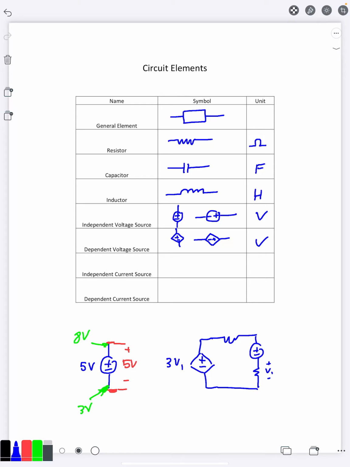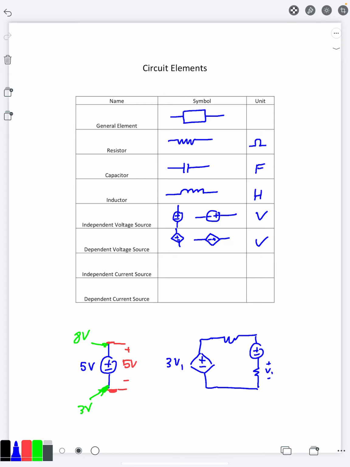And so if your V1 happened to get bigger, your dependent source would get bigger, and vice versa. So dependent sources are voltage sources, but instead of giving you a fixed value for them, they have a variable value and we just have to use that as part of our equations here. We will talk in a later chapter about how a dependent source might actually work in a problem.